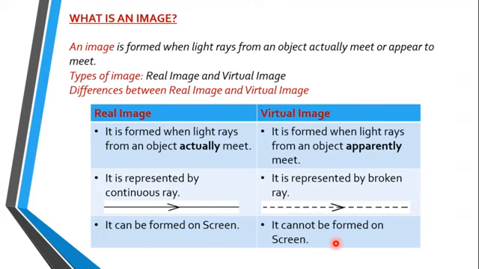Virtual image cannot be formed on a screen. What do we mean by it can be formed on a screen? That's real image. In other words, it means the image which is real can be captured and even printed, as we experience in the use of the camera. So cameras produce real image, because the image you produce can be printed on paper.